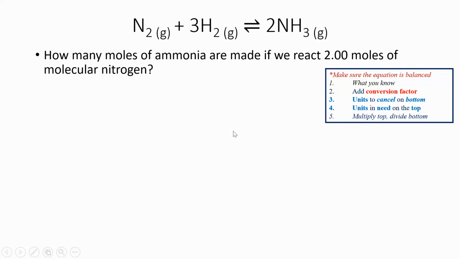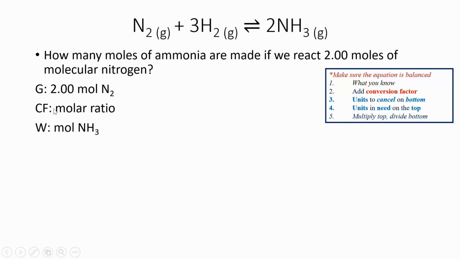Now, take a look at the question that it's asking us. What do we know? How many moles of ammonia are made if we react 2.00 moles of molecular nitrogen? Well, what this means is we're going to have to look for a number, and the number it's giving us is 2.00 moles of molecular nitrogen. And what it's asking for is moles of ammonia. So we're given 2.00 moles of nitrogen.